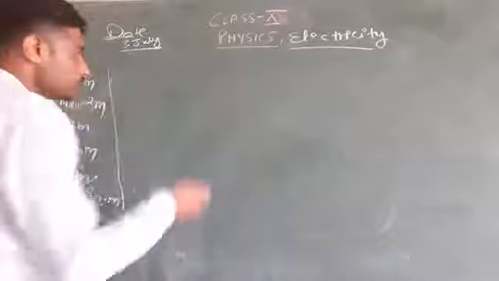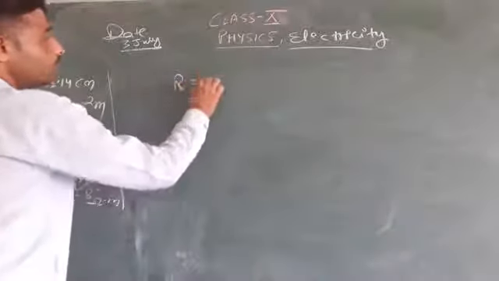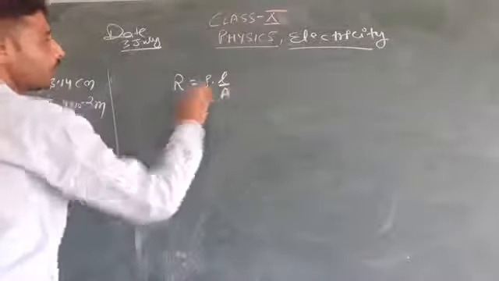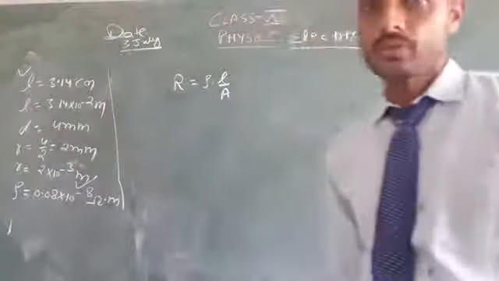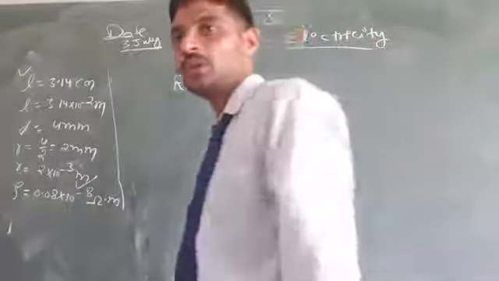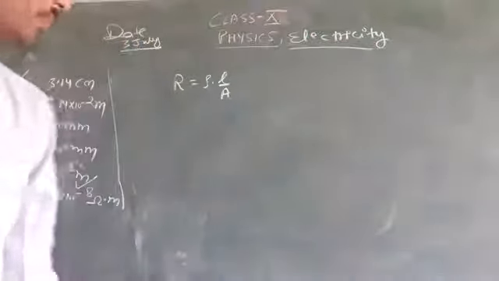So what is the value of resistance? R equal to rho L upon A. This is the formula by which you can find the resistance of this wire. Okay.